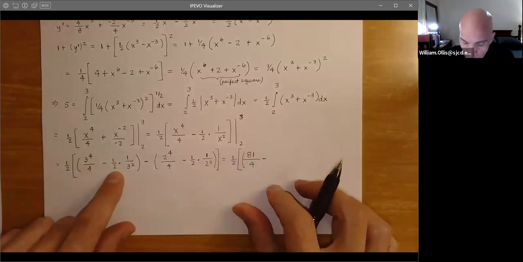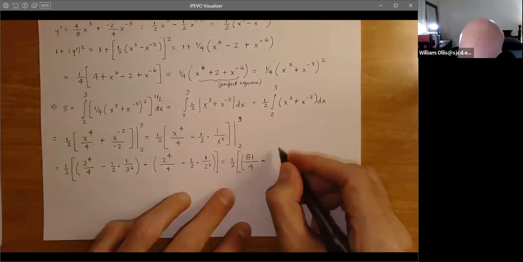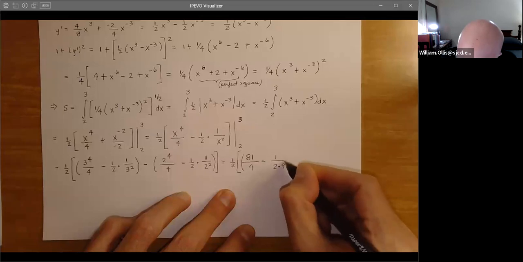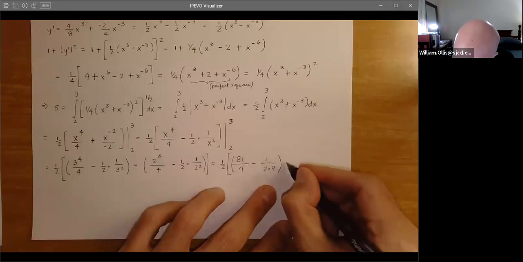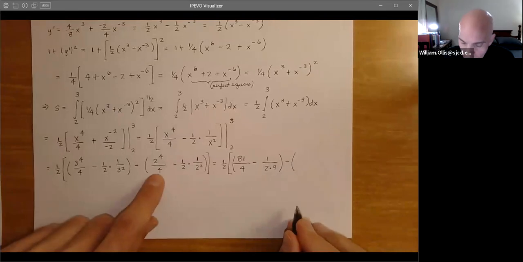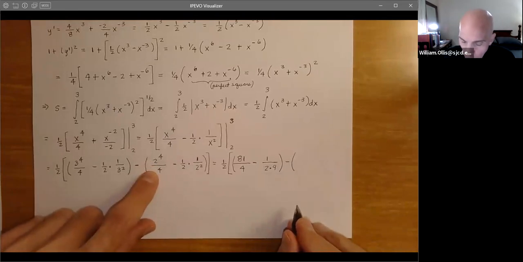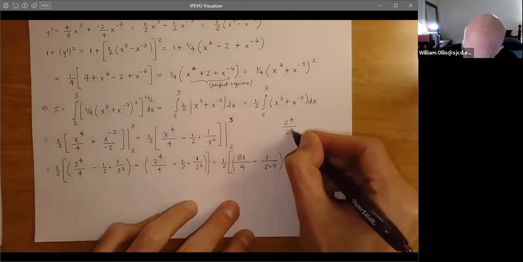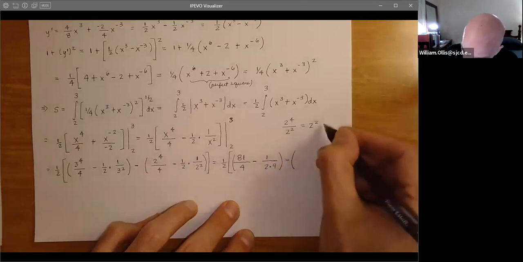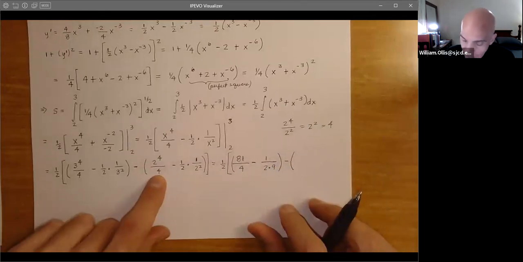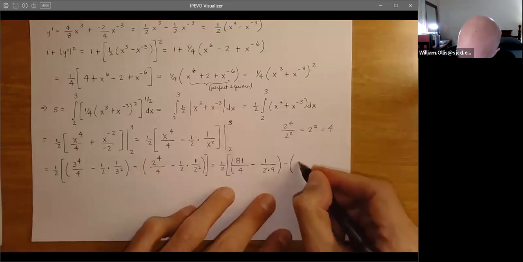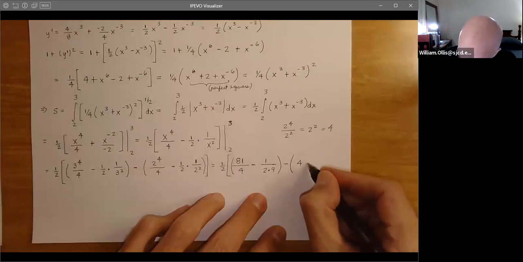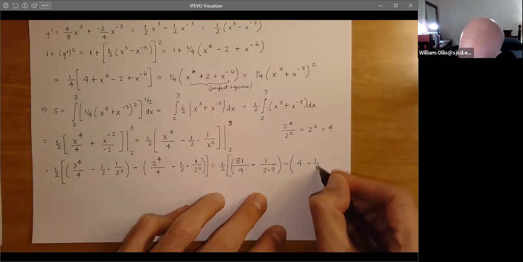Minus, and now of course here we have 2 times the 9. And at this point, notice that the 2 to the 4th, 4 is just 2 squared, so we can say 2 to the 4th over 2 squared is just 2 squared, or 4. So that's basically 16 divided by 4. So this is just a 4. And then we have minus 1/8, 2 times 2 squared.